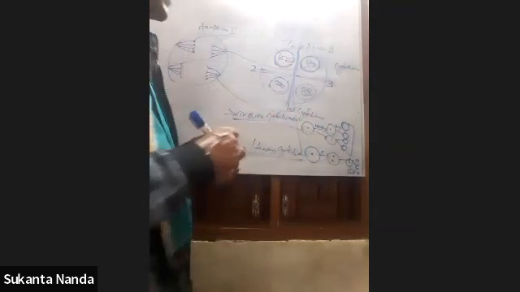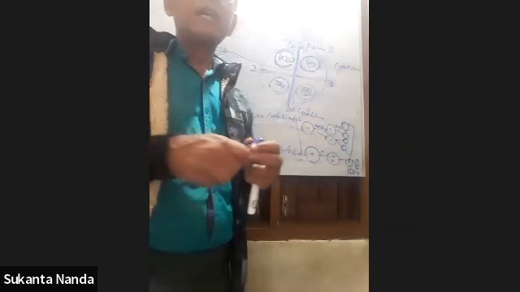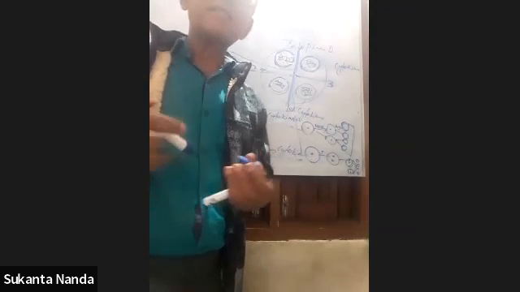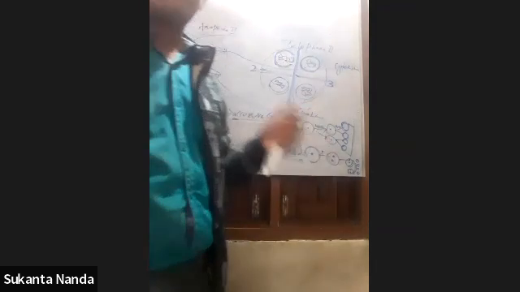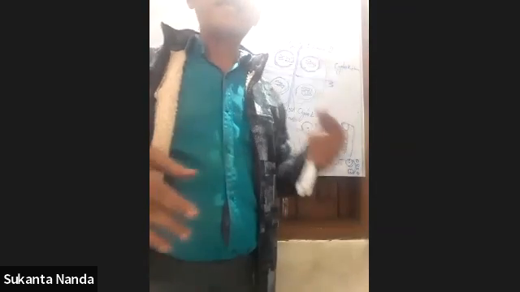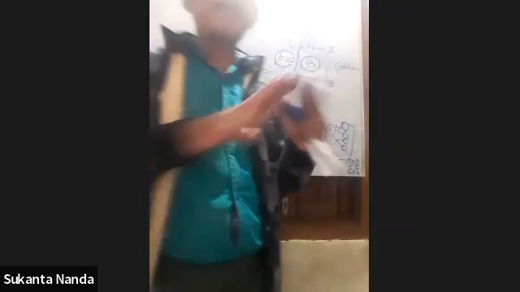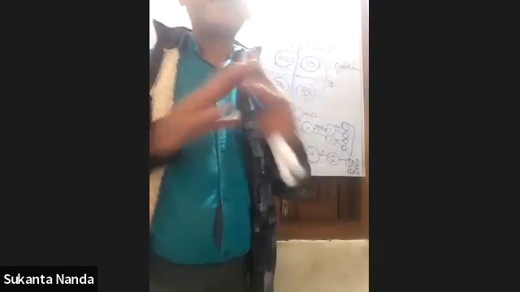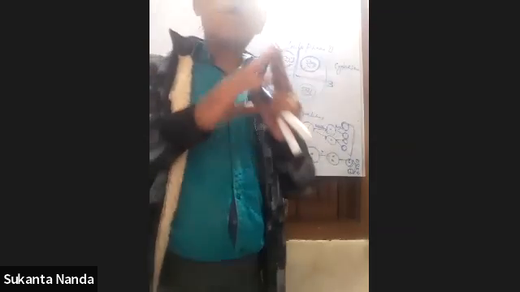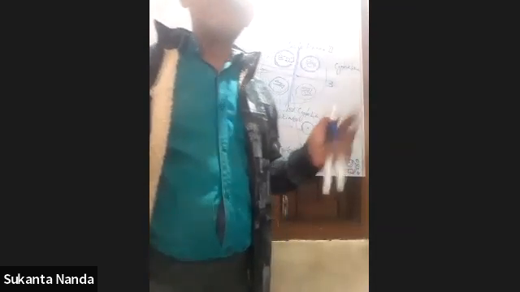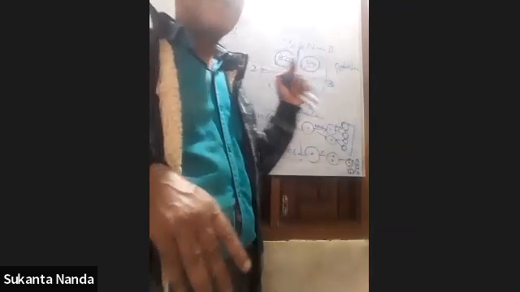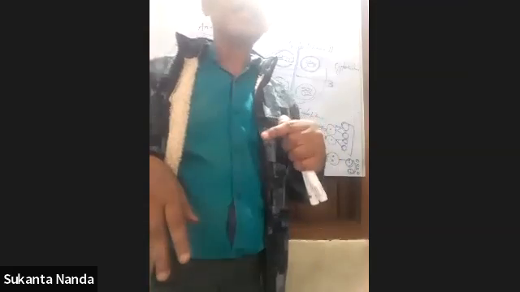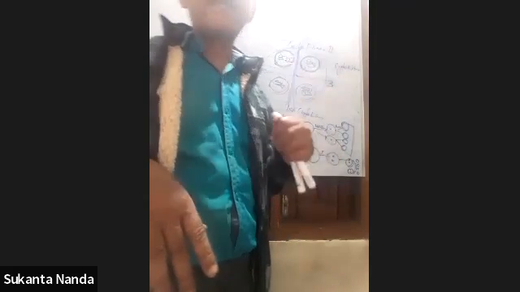And now the importance of meiosis. The importance of meiosis, students, is that it makes genetic variation. In mitotic cell division, there is no genetic variation. All are alike and similar. But in meiosis, you find genetic variation.